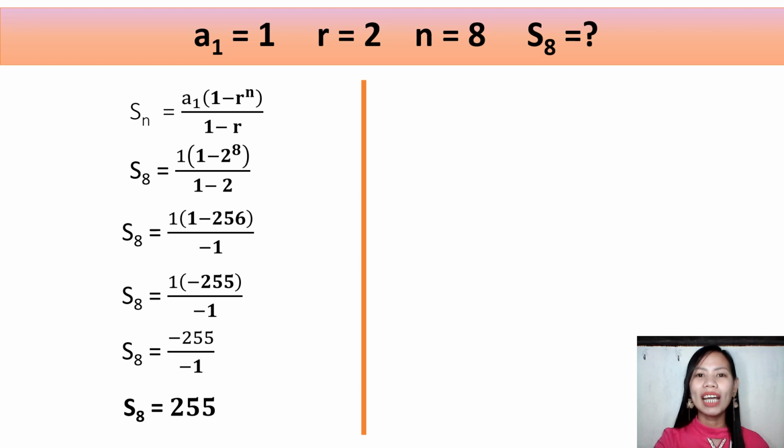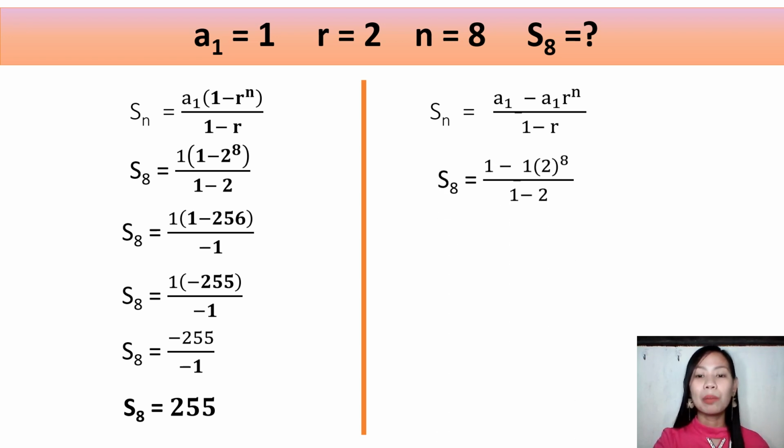So let us use another formula. That is S sub n equals a sub 1 minus a sub 1 r raised to n all over 1 minus r. So let us substitute the given. S sub 8 equals 1 minus 1 times 2 raised to 8 over 1 minus 2. Simplify again 2 raised to 8 and the 1 minus 2.